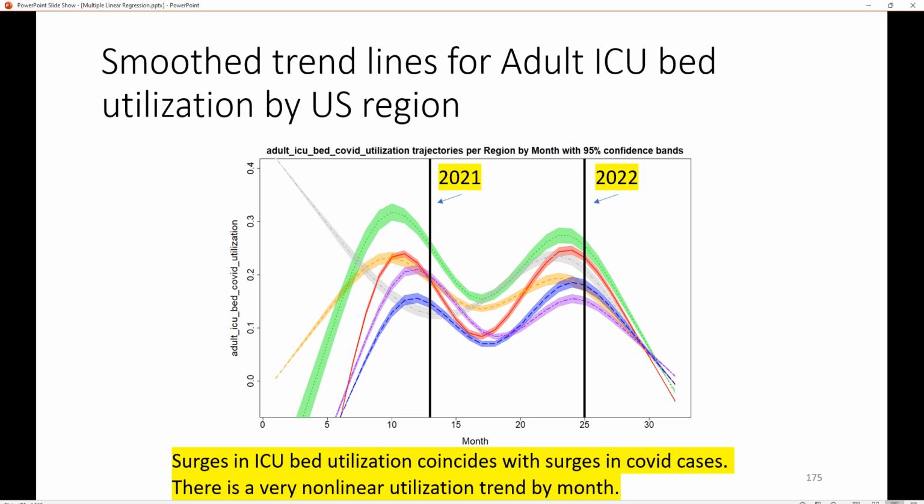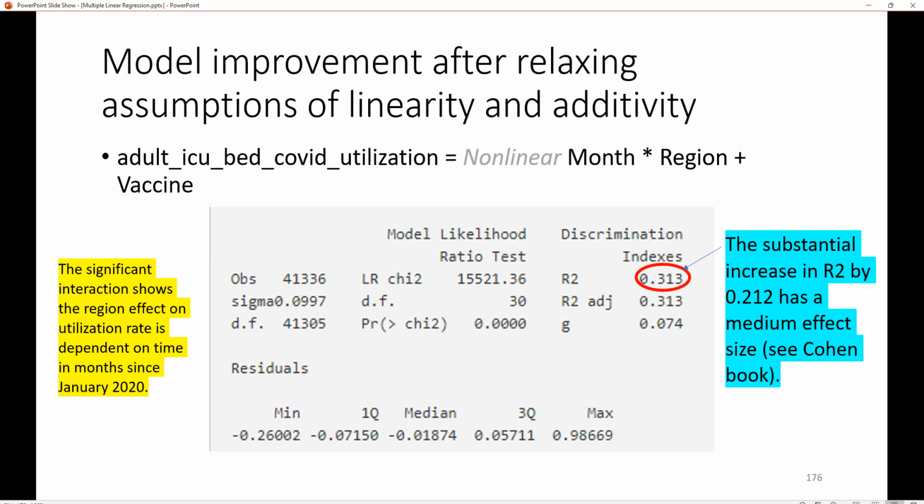For certain regions, they have higher rates, and it seems to happen at certain times of the year. So for this, we relaxed two assumptions: the assumption of linearity and the assumption of additivity. In other words, we're going to allow for nonlinear trends, and we're going to allow for differences between regions. And the way we do that is to use what's called an interaction term.